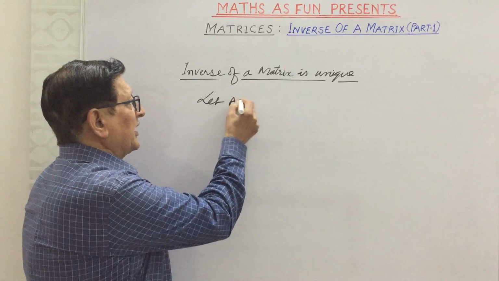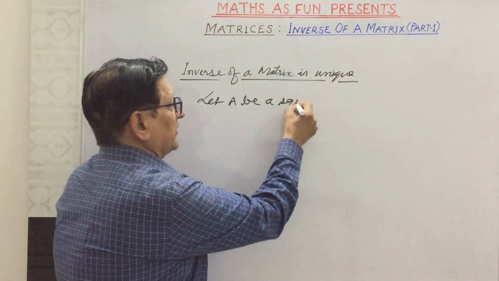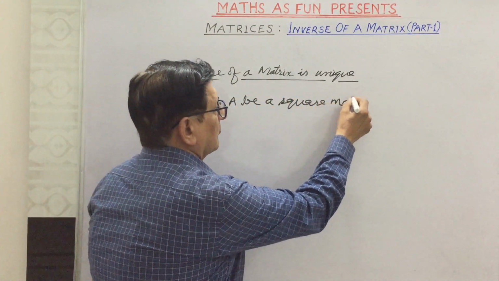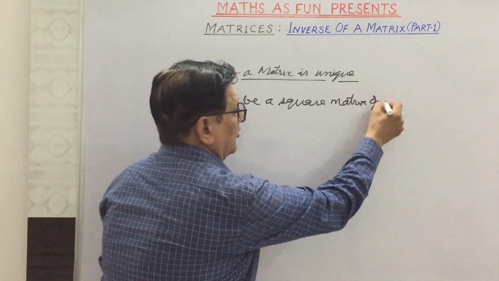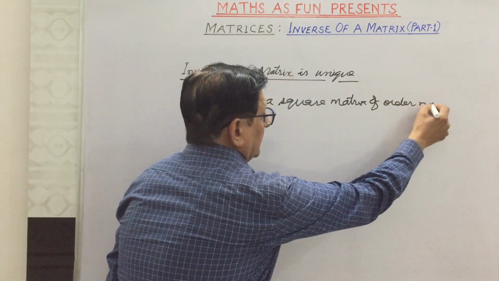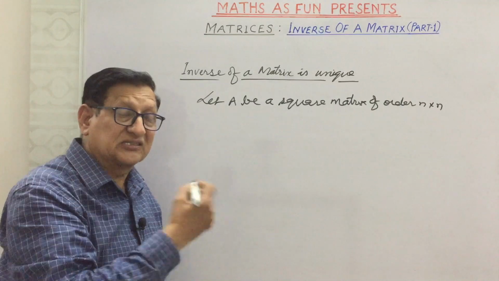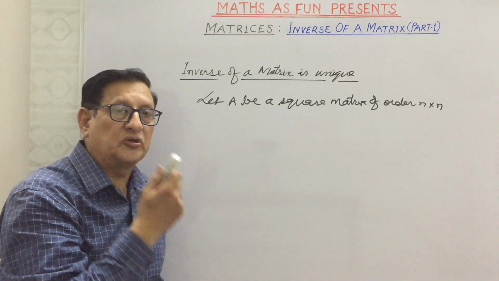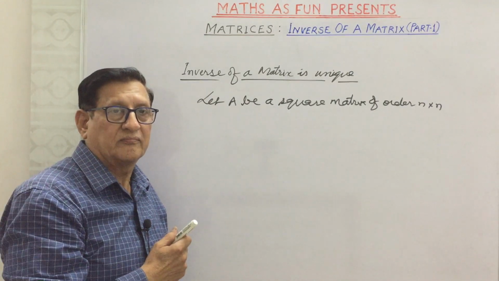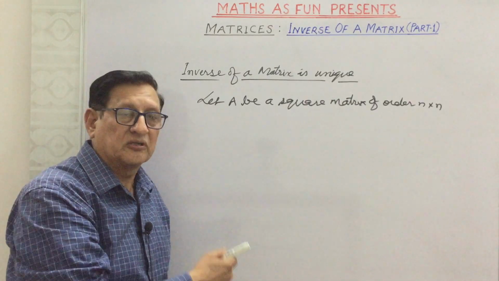Let A be a square matrix of order n into n, and suppose it does not have a unique inverse, it has more than one, suppose there are two.